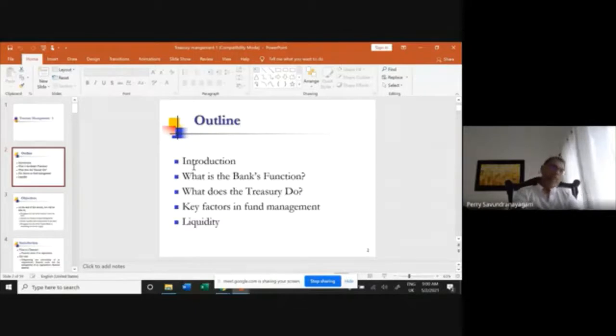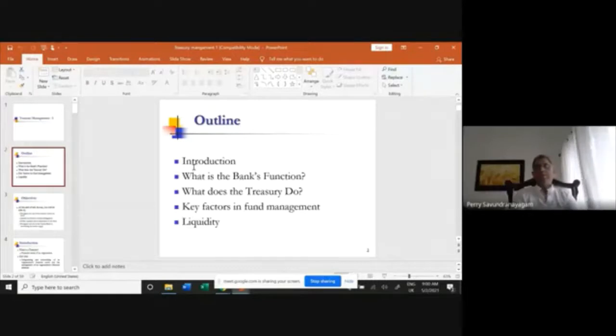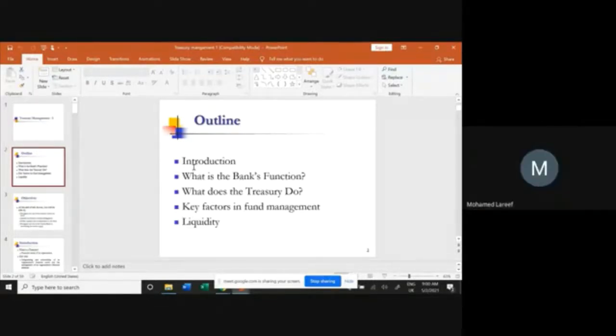Okay, so when you say liquidity, what are we referring to here? Are we referring to hard cash in the bank vault or in the central bank account that's not earning interest? What are we referring to as liquidity here? So cash and cash equivalent. Yeah, so if I say you have a treasury bill, are you liquid? Yes, it's liquid.